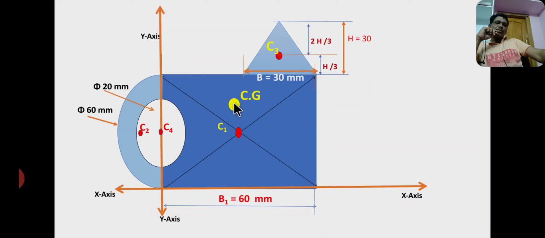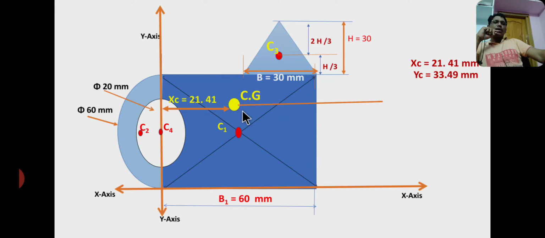The centroid CZ lies at a distance of xc from the y-axis, and the distance between CZ and the x-axis is yc. Therefore xc equals 21.41 and yc equals 33.49. So CZ is the final location of the centroid, whereas xc, yc are the coordinates of the centroid.